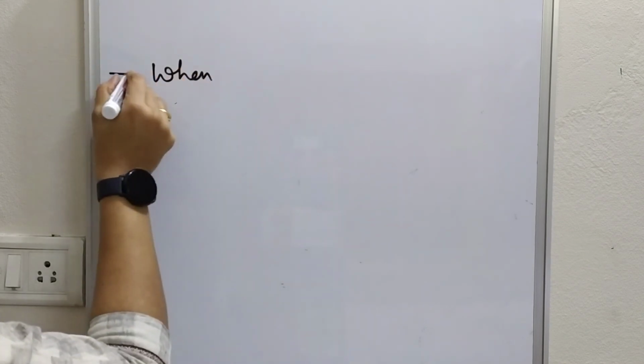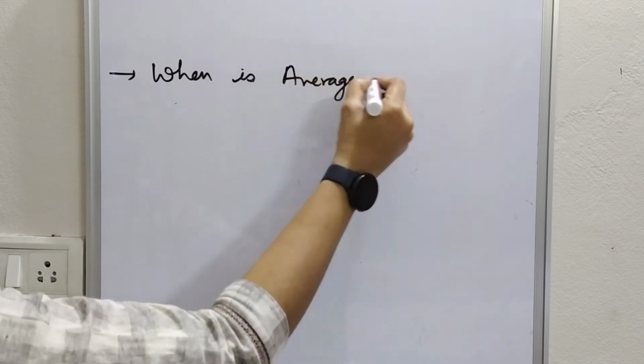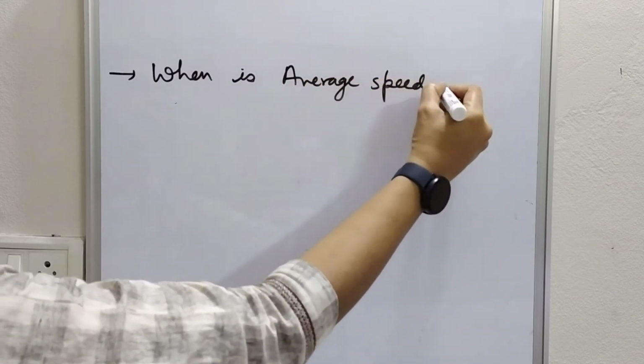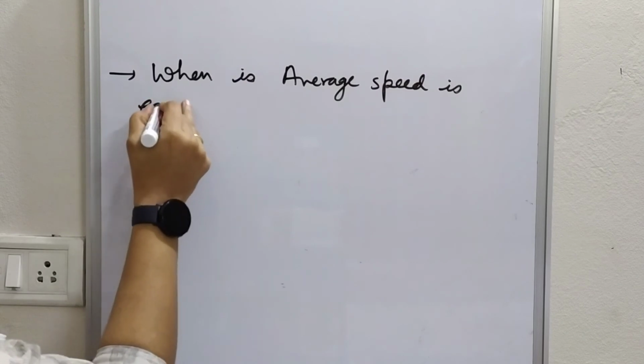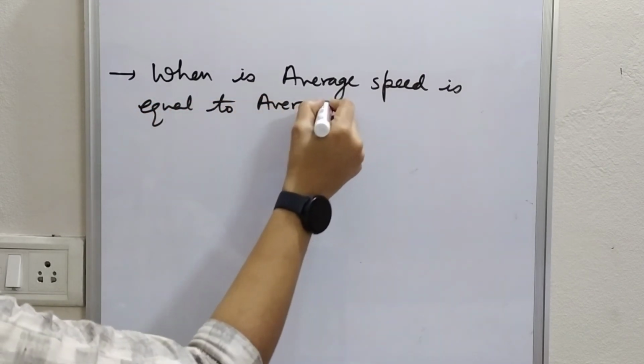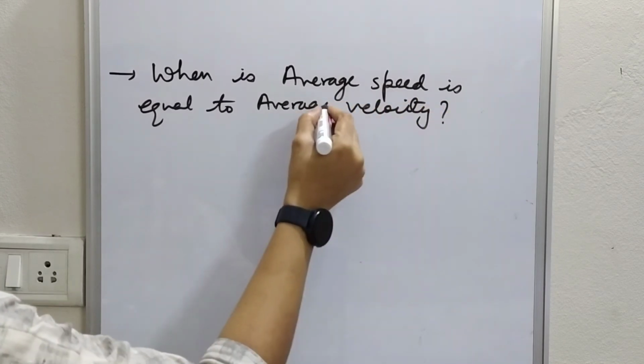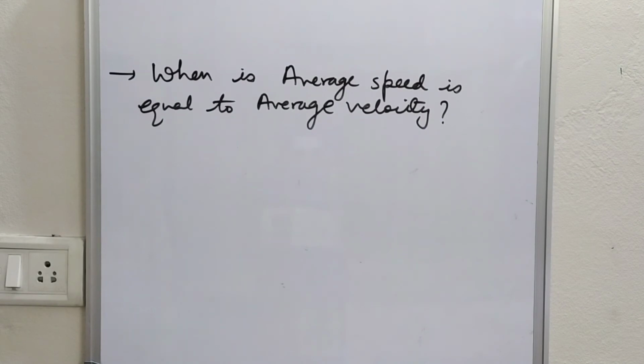The question is, when is average speed equal to average velocity? When do we say that average speed and velocity are the same?